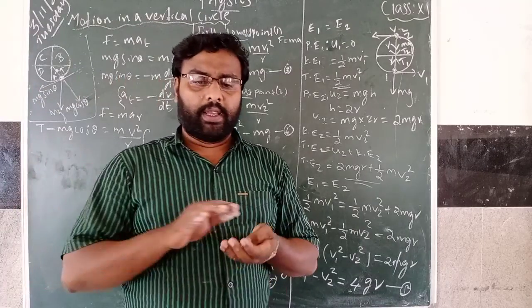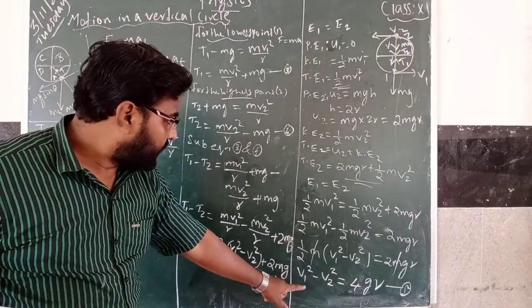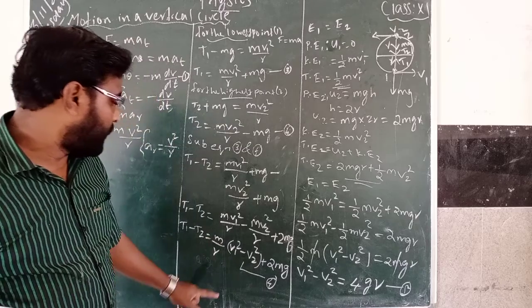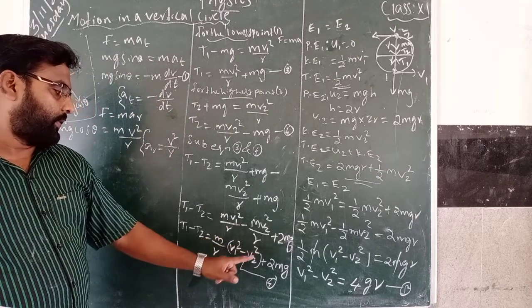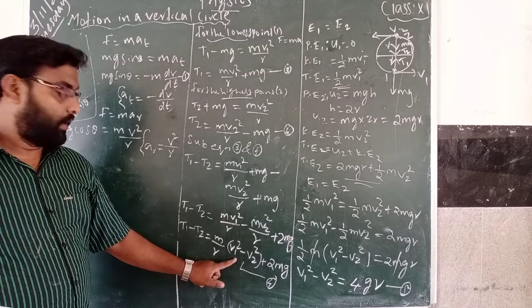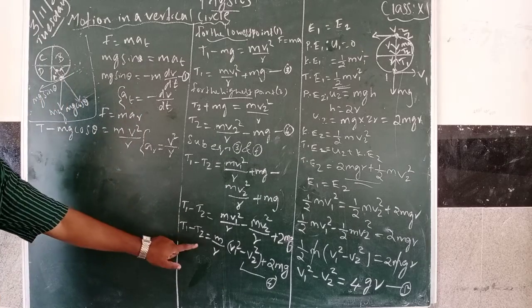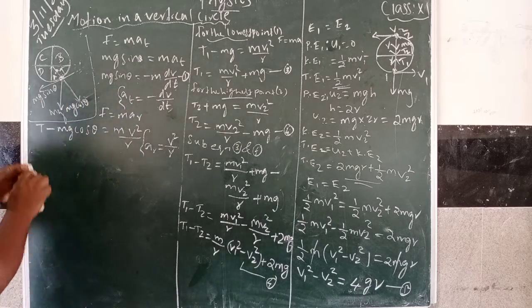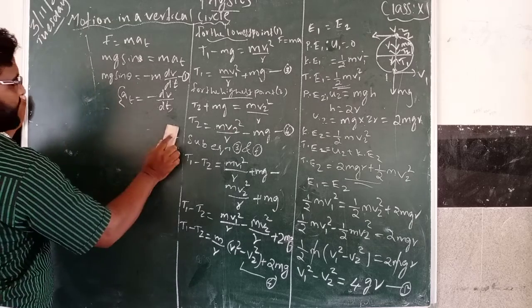Now what you can do is, we got this v1 square minus v2 square. You can substitute that value in equation 4. So you will get the difference T1 minus T2. So listen.